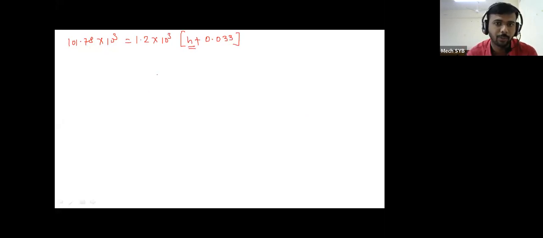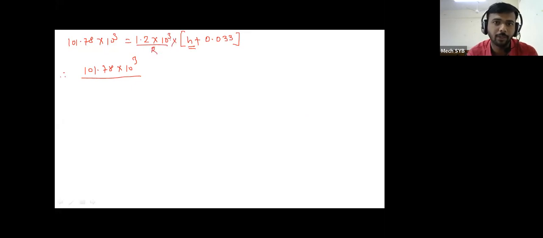So we have to take this particular height parameter to one side. So what I will do, let us see. 101.78 into 10 raised to 3 divided by this 1.2 into 10 raised to 3. It is present at the right side and it is multiplied.